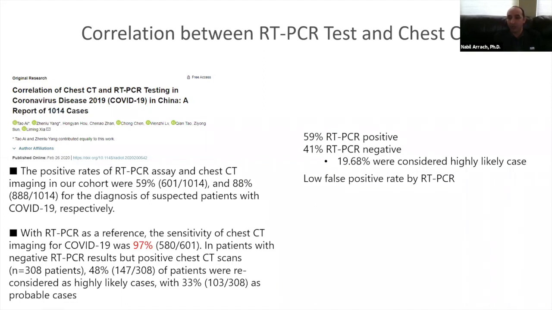So the correlation, when you look at the positives with RT-PCR, 97% are reproducible when you look at the chest CT. Now the negative group is another story. They classified the negatives into two categories: the ones that are highly likely and the ones that are probable cases. And with the highly likely cases, they saw that 48% of them were CT positive, but they were negative on real-time PCR.